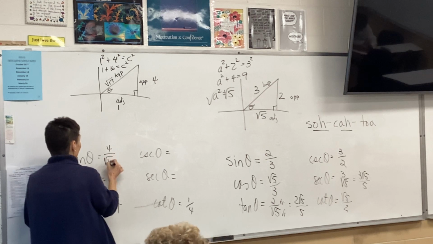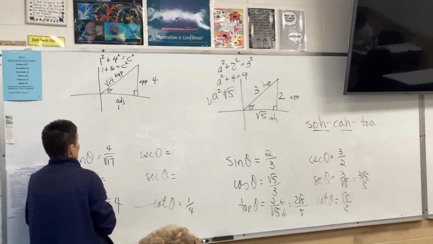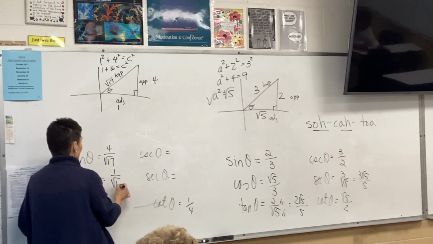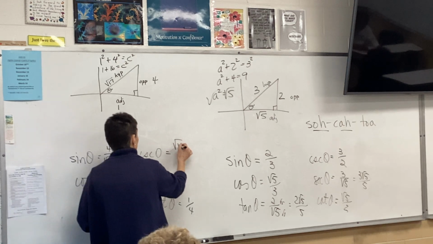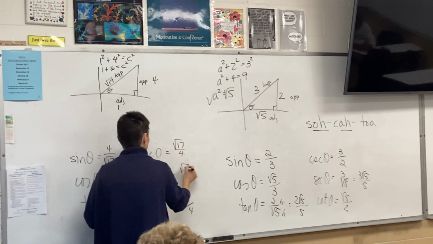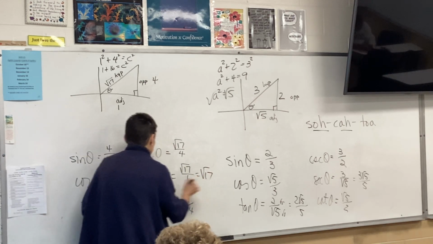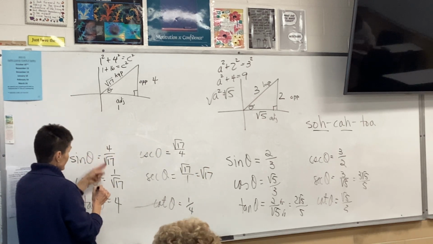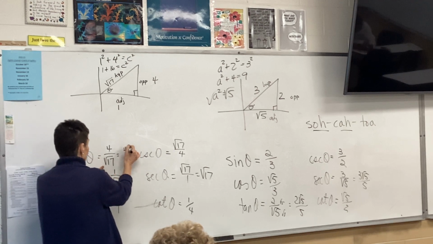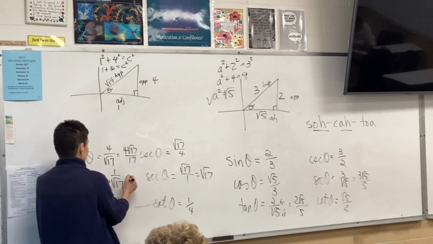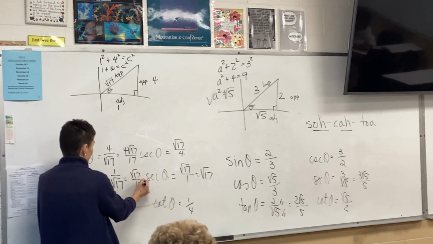Opposite over hypotenuse. Adjacent over hypotenuse. Flip them over. And clean up anything that needs cleaned up. So these guys need cleaned up. So 4 root 17 over 17, root 17 over 17.